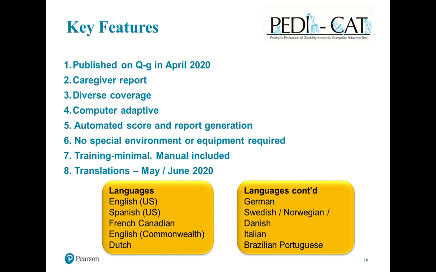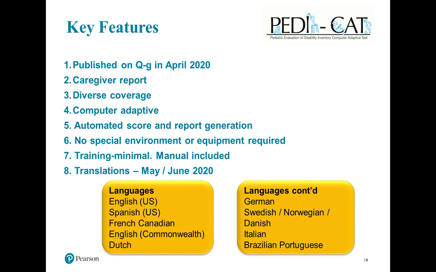It is an assessment that has many translations, and it's used worldwide. If I bring these two buttons up here, you'll see it's available in English US, Spanish US, and French Canadian will be available in the next couple of weeks.